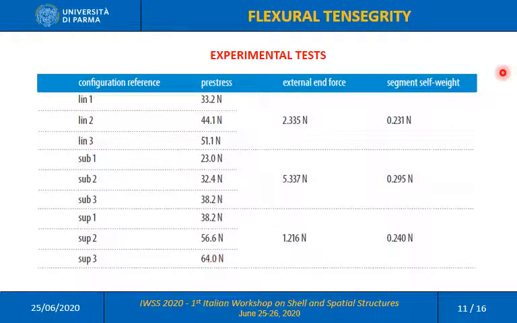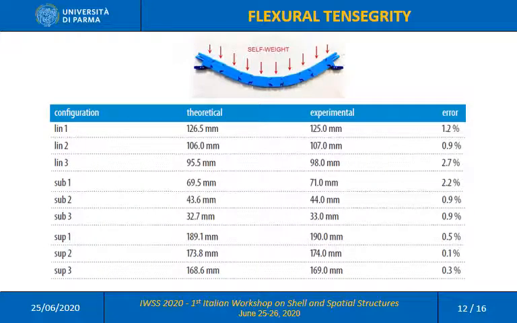We have made experiments by considering end forces equal to three different values and under the self-weight of each segment. This is the case of bending of a simply supported beam under the self-weight.